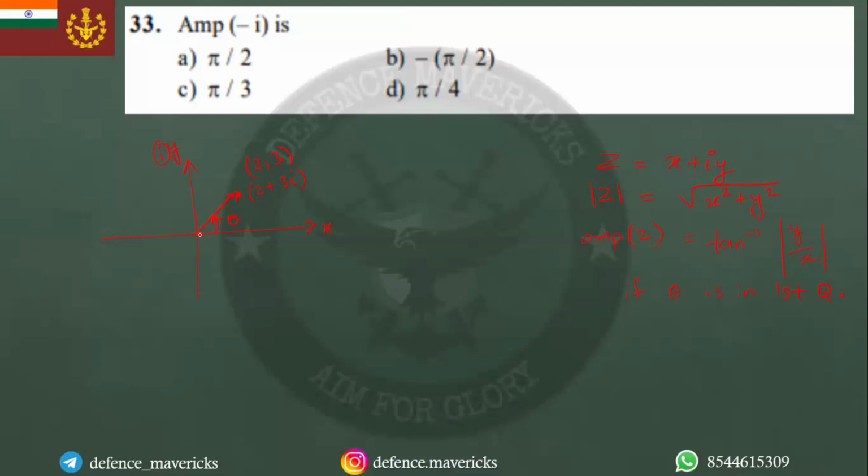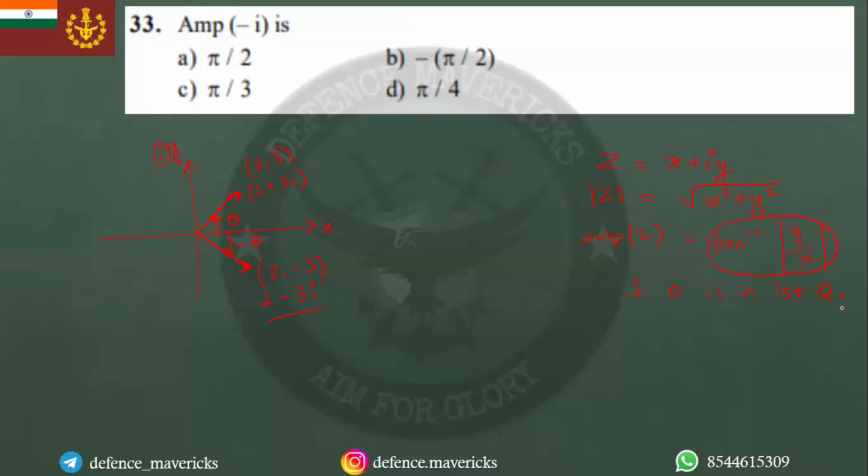Now if this vector is in the fourth quadrant, then the theta will be from the positive direction in the reverse order. That means this becomes minus theta. तो ये चीज का ध्यान रखना. ये कौन सा पॉइंट है? 2, -3. So when you are in the fourth quadrant, which is something like 2 - 3i, so you are getting theta as negative, ठीक है. तो theta तुम कैसे ढूंढोगे? यहाँ से, ठीक है.